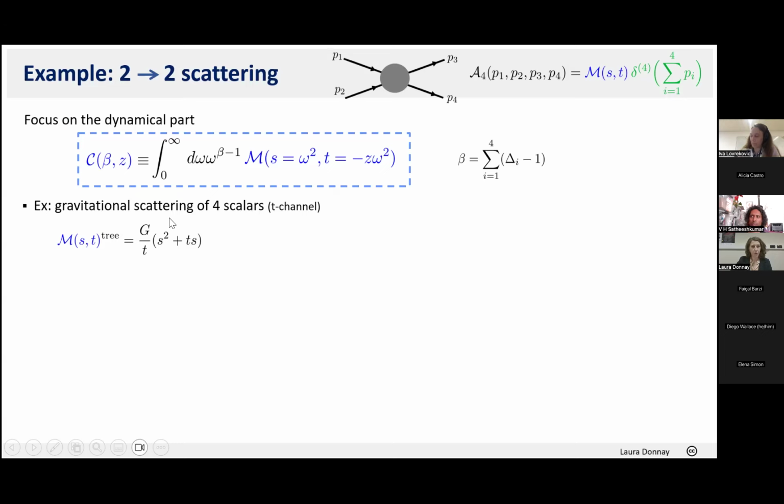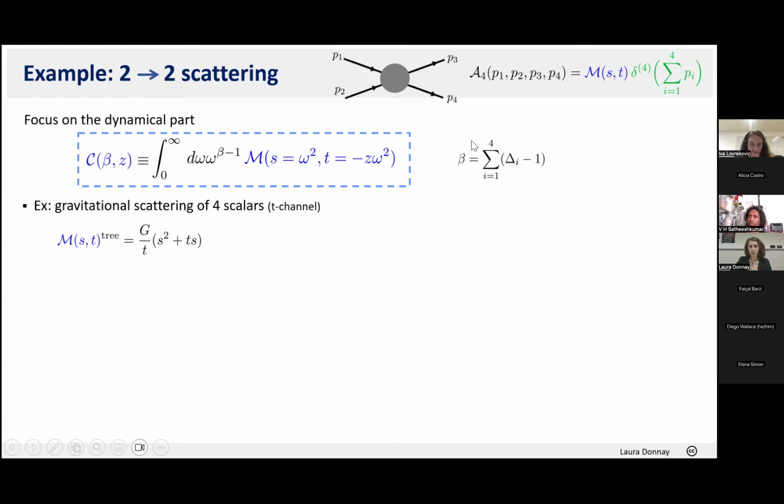So for such a scattering process, this function here, which before was kept very generic, is given by G Newton divided by T, because I'm looking at the T channel in this example. So it has a pole in T, S squared plus T S, just a fact. Now, what does this have to do with the celestial amplitude?